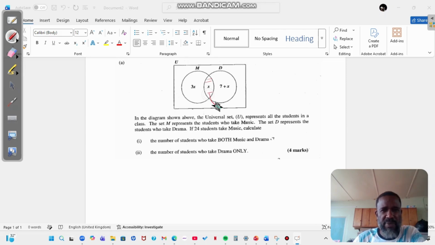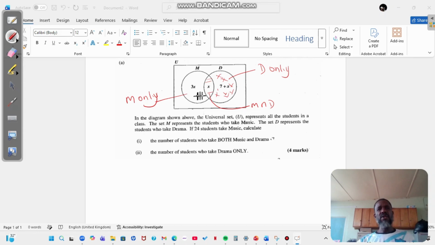So right here represents M intersect D. Over on this side represents those that are in music only, and those that are here represent those that are in D only. Given that information, we are now going to use it to solve the question.